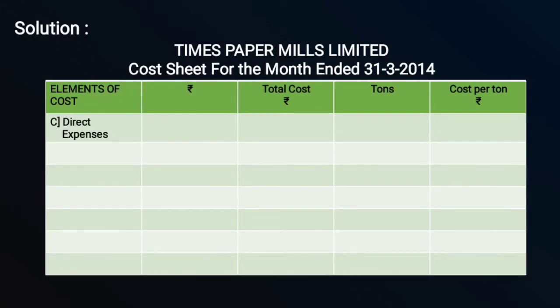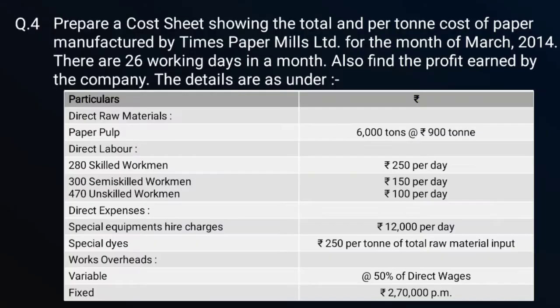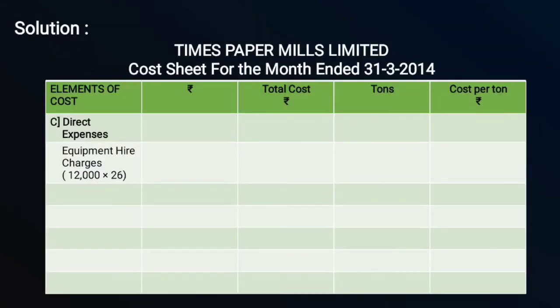Part C, direct expenses. Special equipment's hire charges is given as rupees 12,000 per day. So rupees 12,000 into 26, that is number of days. So the total amount will be rupees 3,12,000.